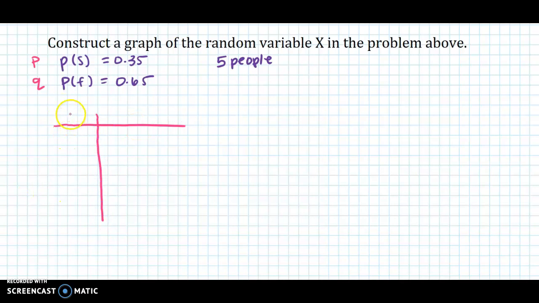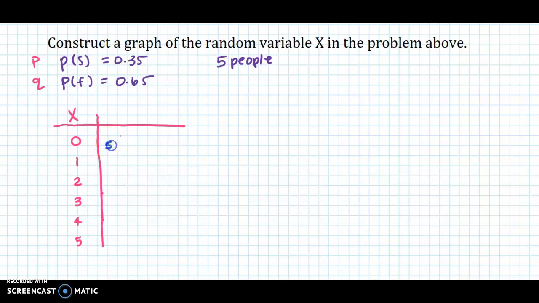So X is your random variable. So 0 people could say yes, 1 person could say yes, 2 people, 3 people, 4, or 5. So the probability that 0 people say yes.